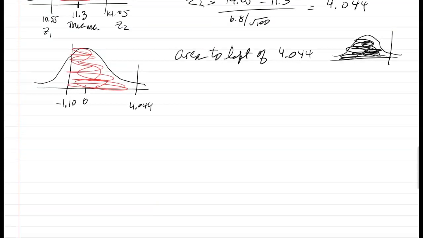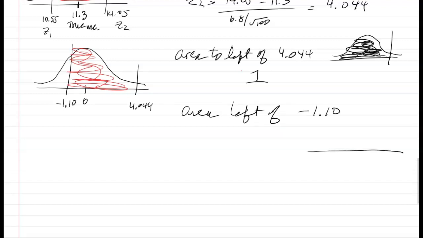So the area is 1. Now then you want the area to the left of negative 1.10, because that's going to represent this area.